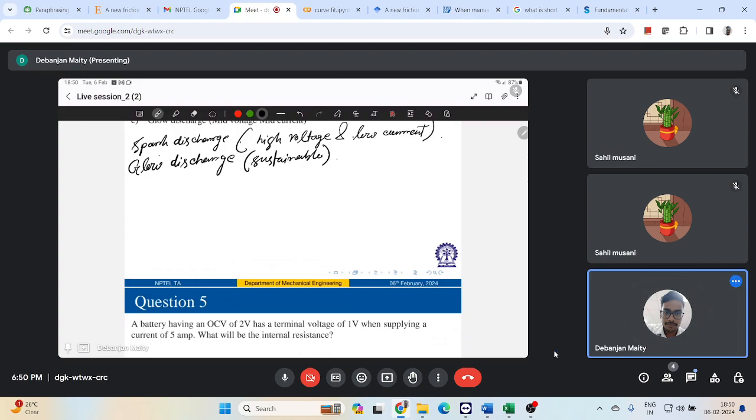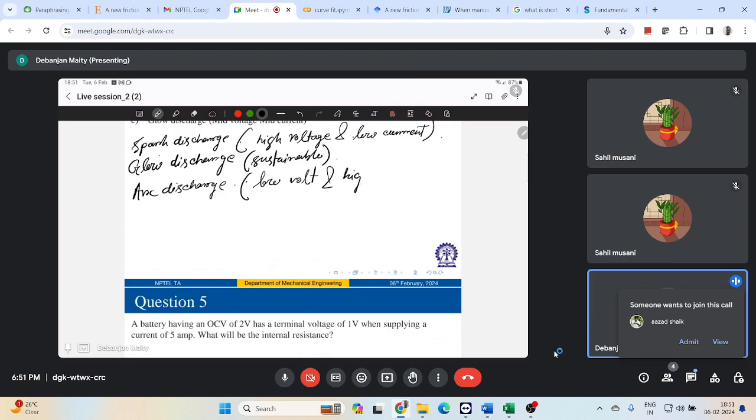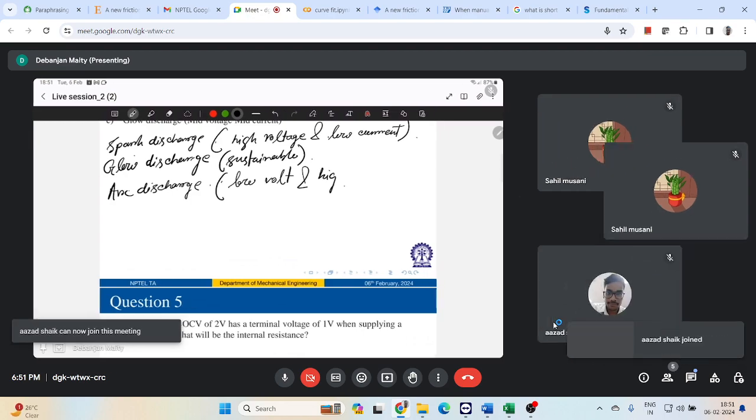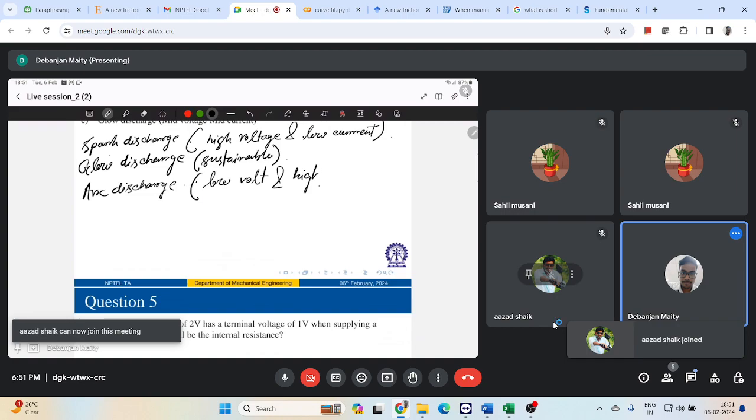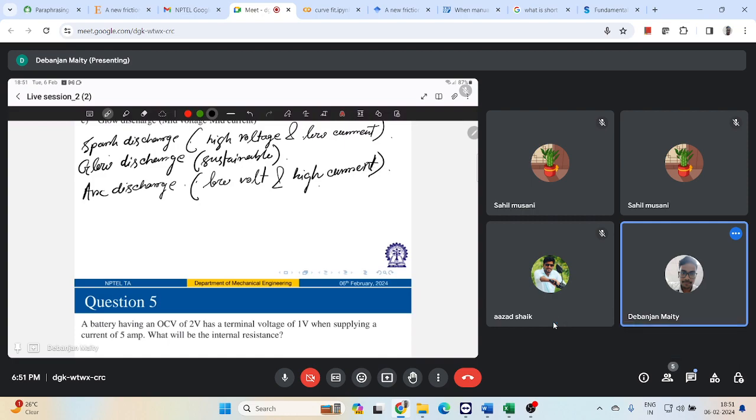And another is arc discharge, where you have low voltage and high current, right?